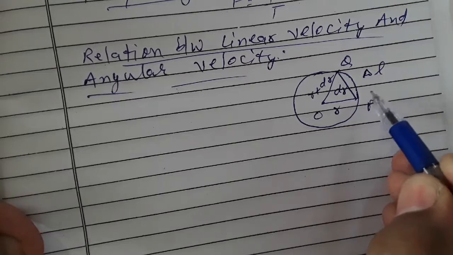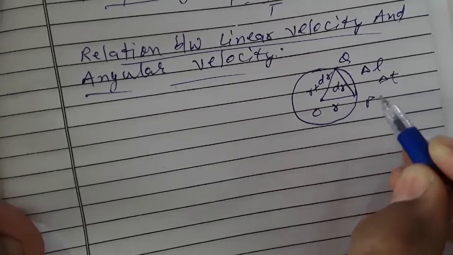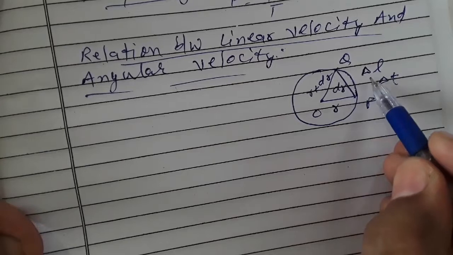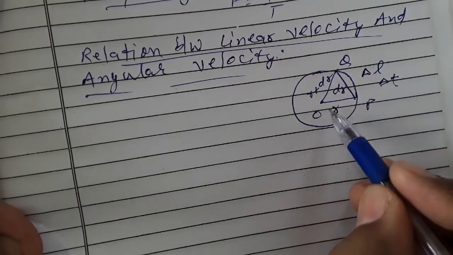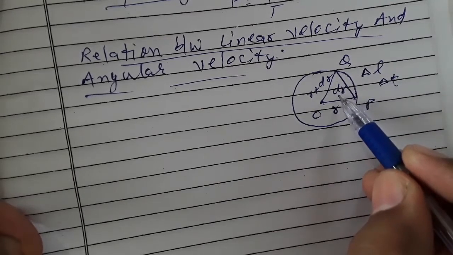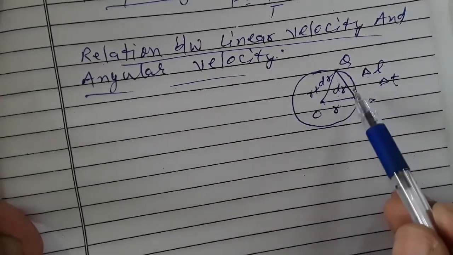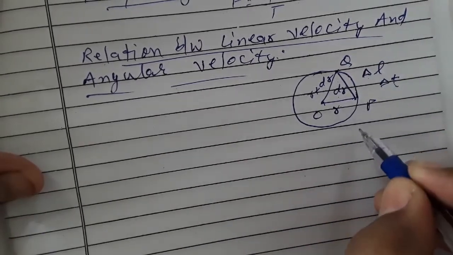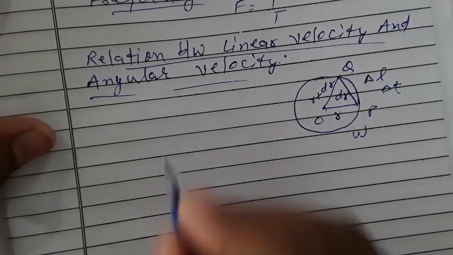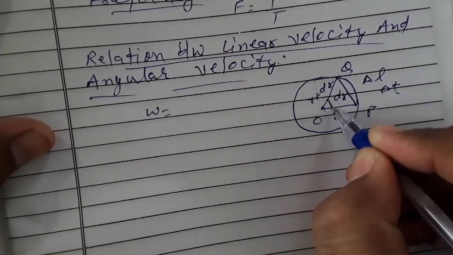In a small time delta t, the object moves from point P to Q. Here delta L is the length of the arc, OP is the radius, the length PQ is dr, and OQ will be r plus dr. The angular velocity is omega, and delta theta is the angle made by the radius vector at the center.